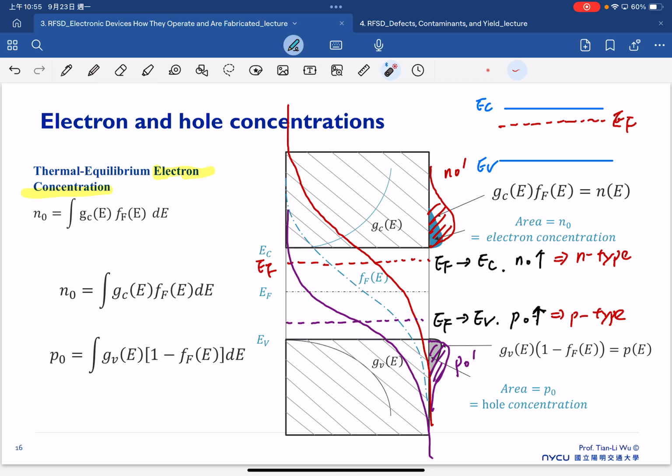We can use the software to determine this band diagram, but at least you need to go through the process once and understand the fundamentals behind this calculation, how we come up with this conclusion that the EF can determine your carrier concentrations here. Okay, so we will take a break for 10 minutes.